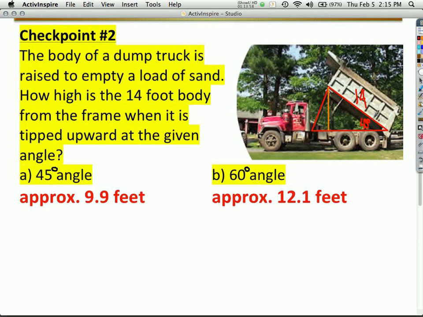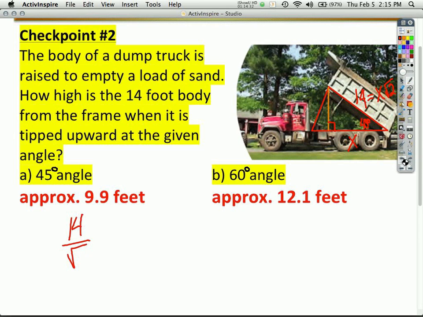If that's a 45-degree angle and this is a height, must be a 90-degree angle, then that must be a 45-degree angle. And so we have established the 45-45-90 relationship. And this is x, and this is x radical 2. And so to solve that, you have to go in reverse. You have to take the 14 and divide by radical 2. And so if you do 14 divided by radical 2, you get 7 radical 2, or you get approximately 9.9.